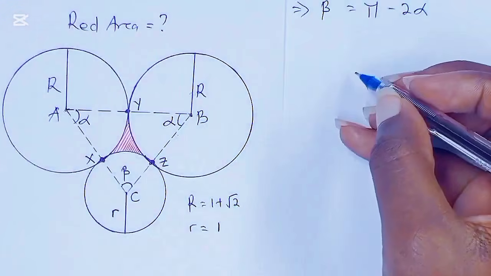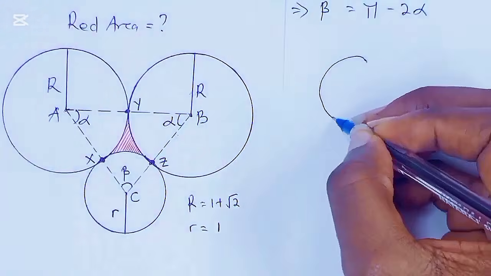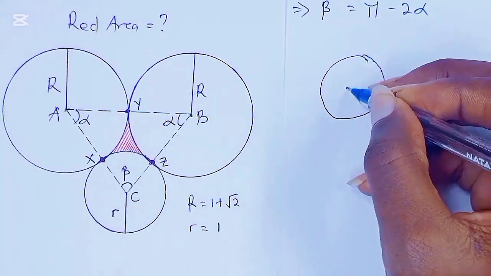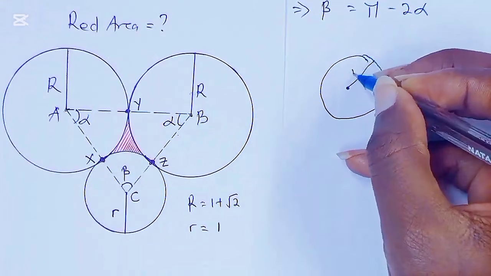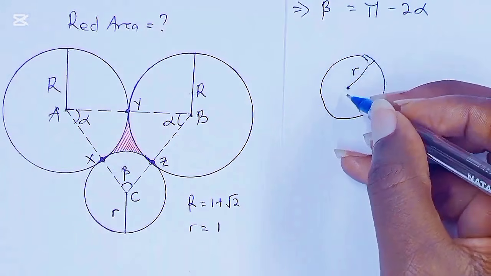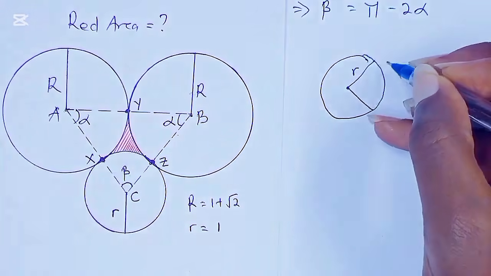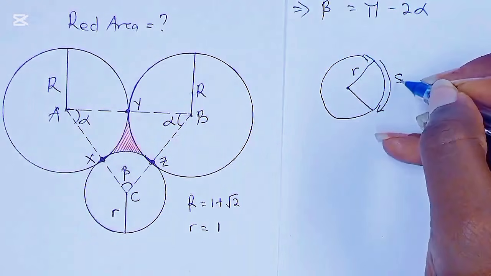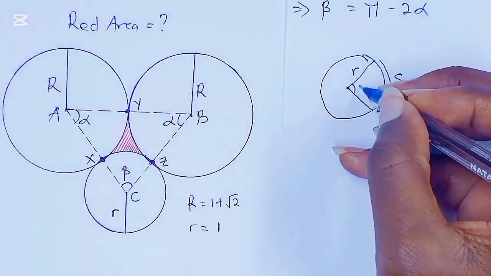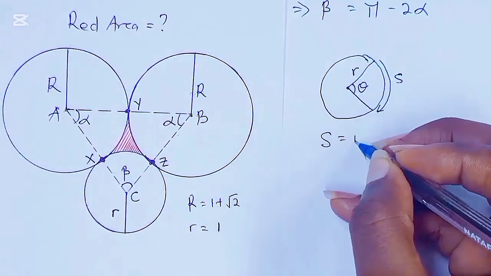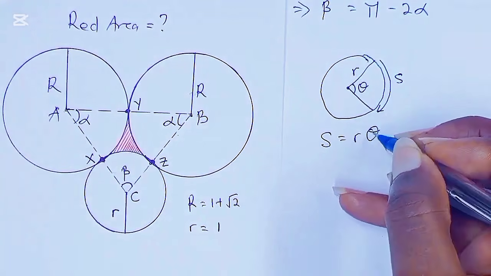We know that in any circle, if its radius is r, and this distance here is s, and this angle is theta, then s is equal to r theta.